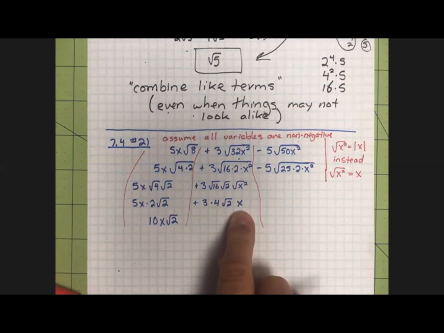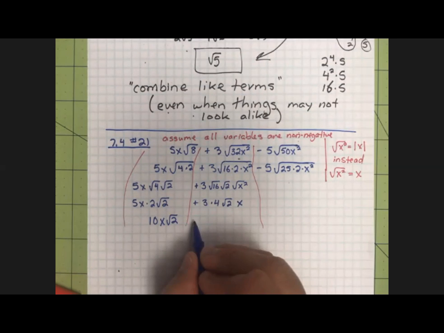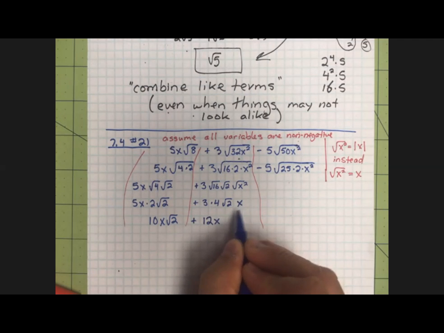Now, you can write these in order. Most people will write everything that's outside a root in front, and then the root next. So people generally write this as 12x, the things outside the root, times the square root of 2.